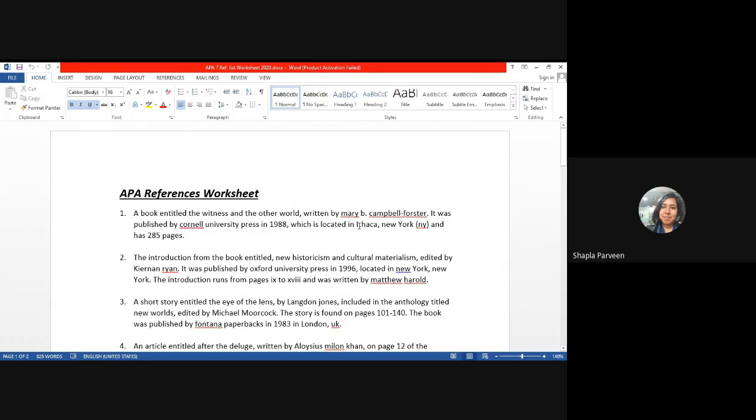Remember that when we are talking about the reference list, the APA rule follows the last name of the author. So last name of the author followed by initial of the first and middle name, if the middle name is given. Okay, so here you can see Mary B. Campbell-Foster.